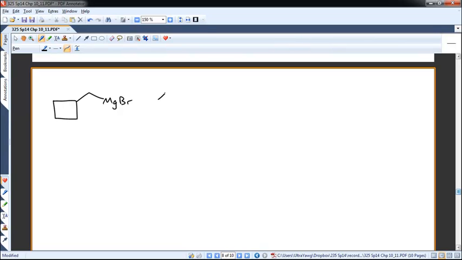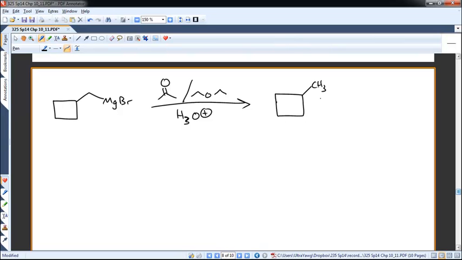and I just dump in my electrophile, this type, acetone, and I used diethyl ether, but again, I was lazy and didn't clean my glassware, or I tried to do it not in 2 steps but in 1 step, or instead of adding first the electrophile and then the acid workup, I just dump it all in at once because I'm in a hurry. What will my product be? This.